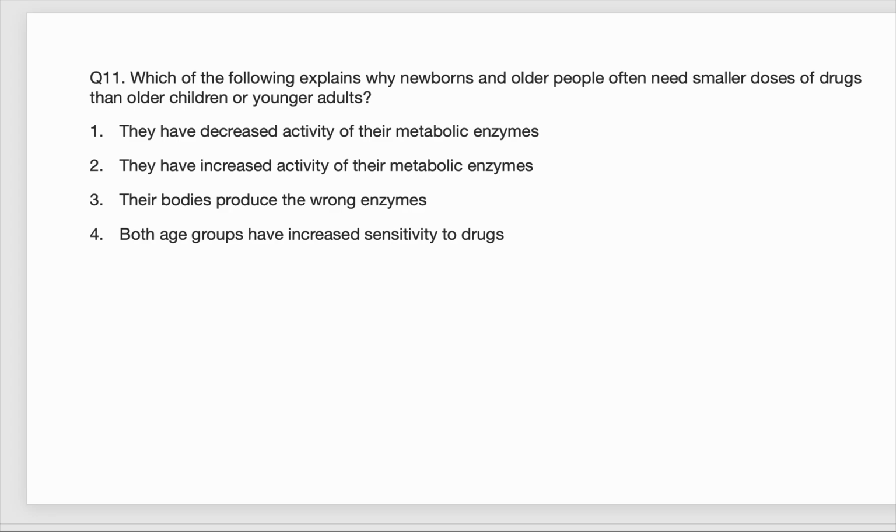That means teens, adolescents, and younger adults, like people in their 20s, 30s, and 40s, unless they reach after 50, I'd say, when they start deteriorating. The enzymes are not as efficient. So people have to change the dosage of the drugs.